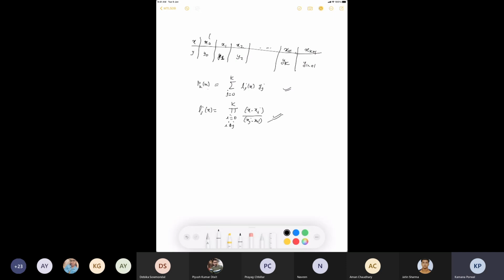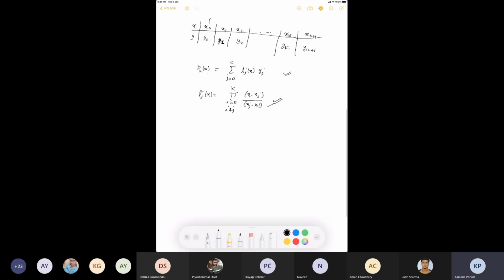this Lagrange interpolating form is not so convenient in practice, because you cannot go from an existing polynomial to a polynomial of degree one greater than the existing polynomial, from one lower degree to one higher degree, conveniently. So now we are going to see another form of the interpolating polynomial which will solve this problem.